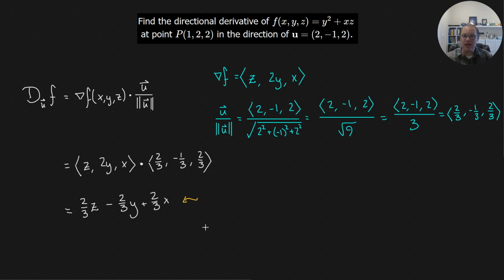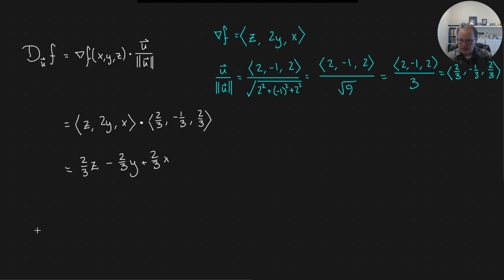Now I can plug in any point I want, and it will tell me the directional derivative of function f in that direction. So just plug in the point, right? I'm interested in the directional derivative in particular at the point (1, 2, 2). Let's plug that in.